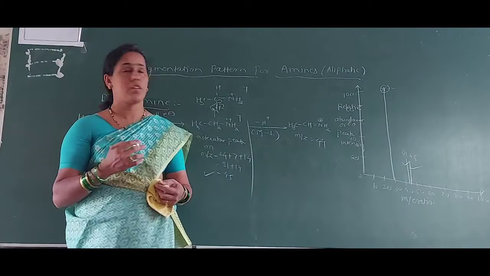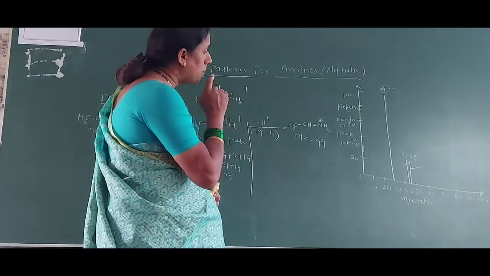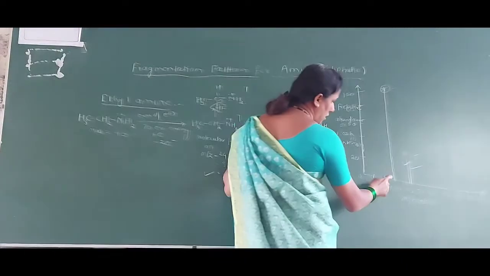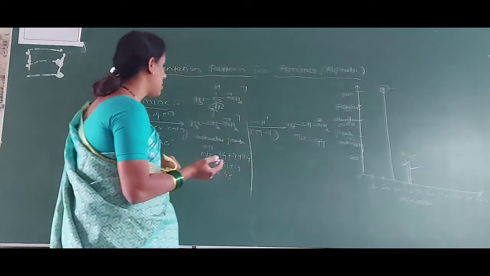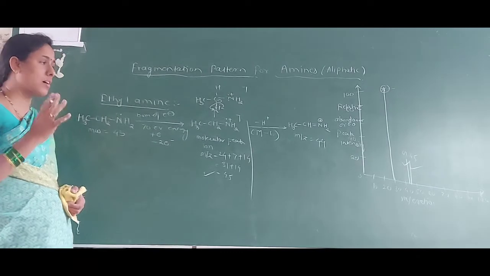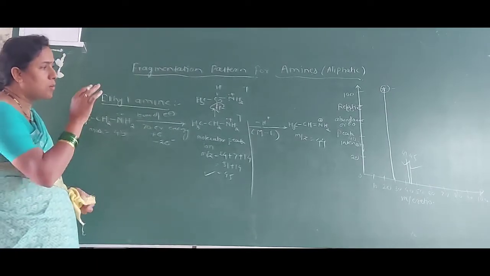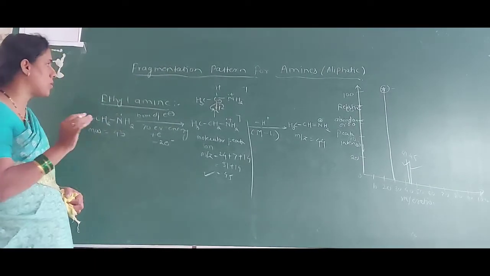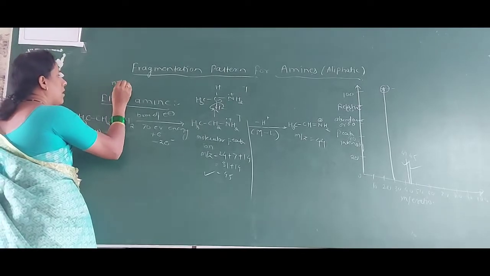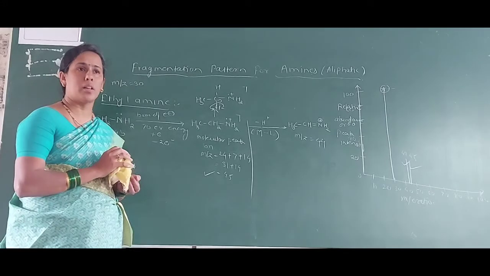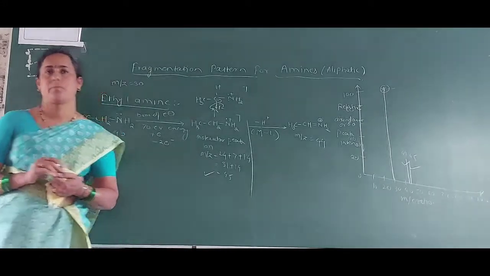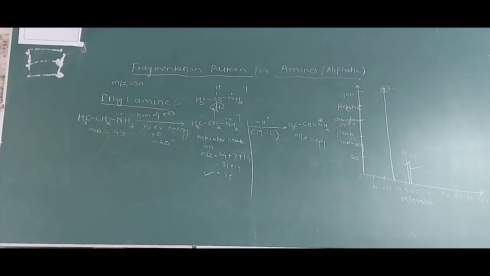Now the question arises about the peak intensity at m by z ratio equal to 30. Now my question to you is, how do we get the m by z ratio equal to 30? How is the m by z ratio going to get 30? Let's stop.